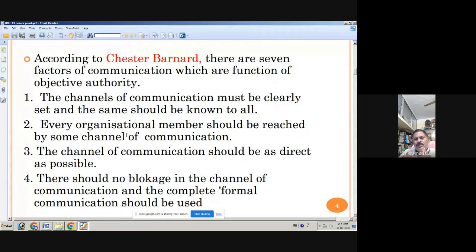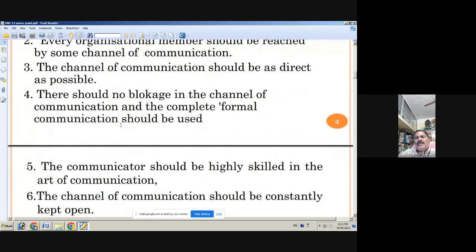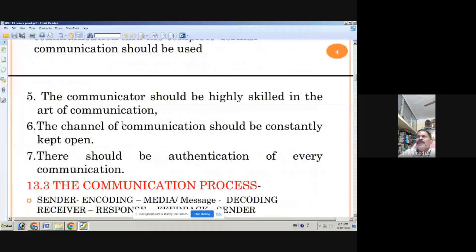It should not be through the media, and if it is through the media, then automatically we will have to face the problem. The communicator should be highly skilled. One who is communicating the idea must know how the facts are to be presented, and it should be palatable, meaning it should be tasty.